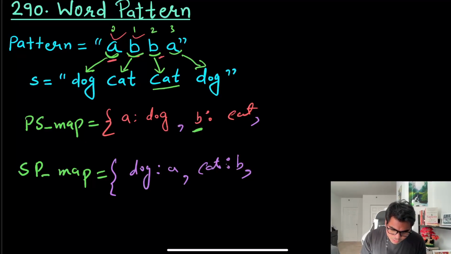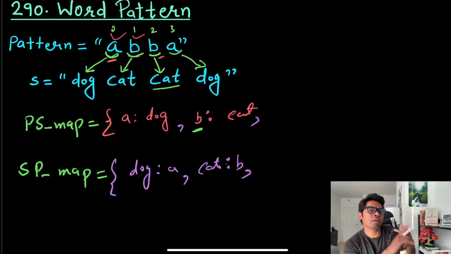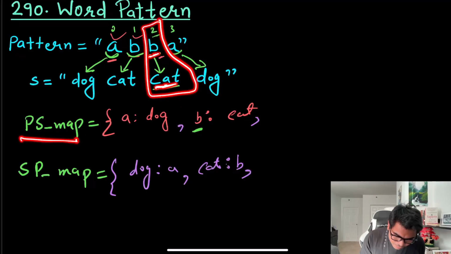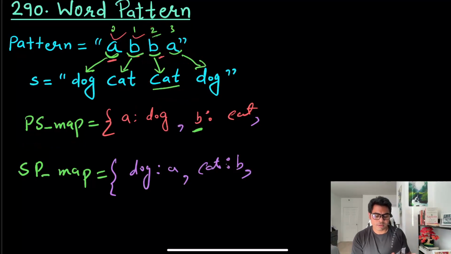Because it already exists, I was only allowed to map it to just one word. Now at index 2, I'm seeing this B, and then I'm seeing cat. Let me check in my map if cat is mapped to B and B is mapped to cat. So I will check the two-way mapping.